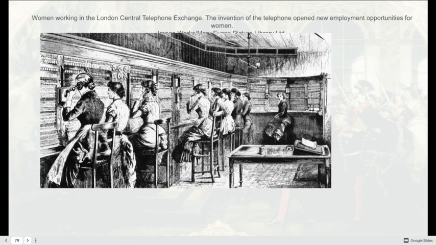But as new technologies increased, there would be even more assistant jobs that would open up. For instance, in the earliest phone systems, you had to have an operator to connect all of your calls. And so women were often hired to work in these kinds of positions.